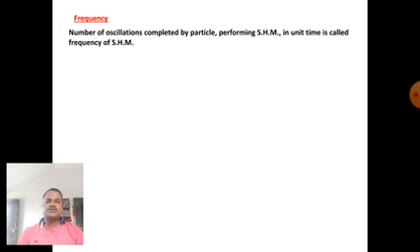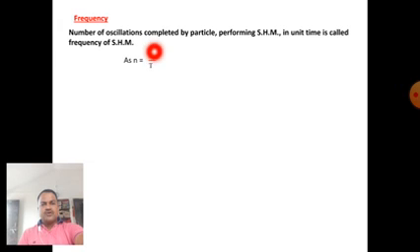Frequency is the number of oscillations completed by a particle performing linear SHM in unit time. We already saw the general definition of frequency; here we have to see the definition of frequency related to linear SHM. Frequency is the reciprocal of time. Here n is equal to 1 divided by T. Why?